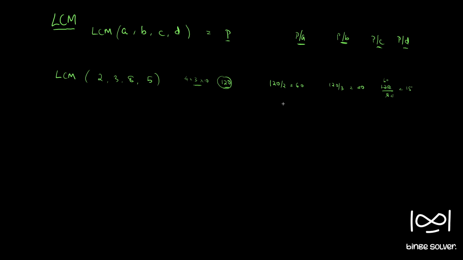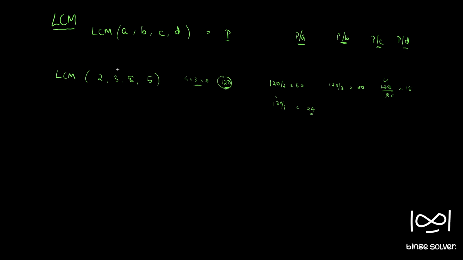Similarly, 120 divides with 5 also, giving 24. So we cannot find a smaller number such that every number will divide with that number.